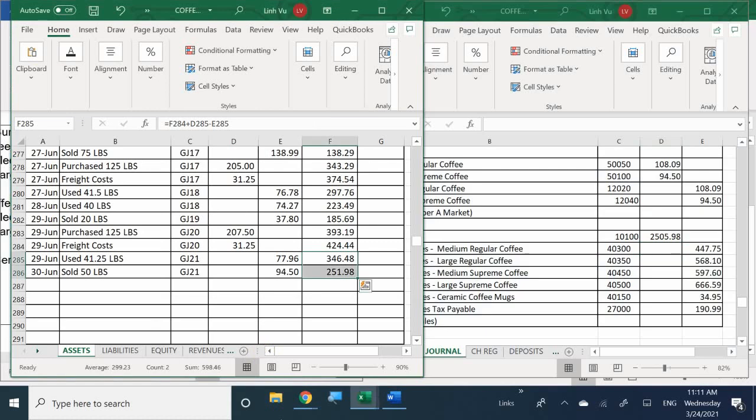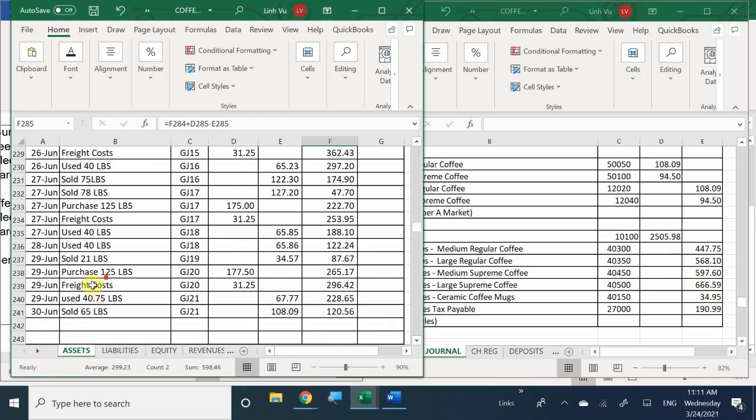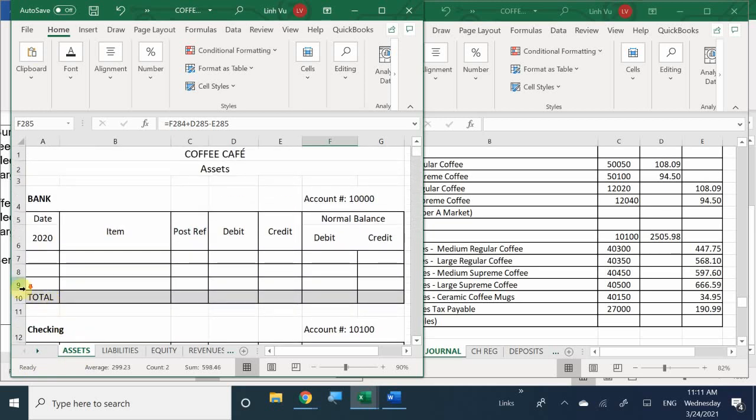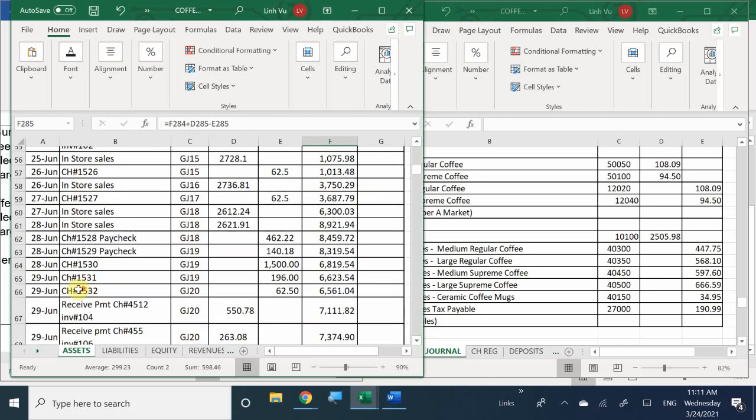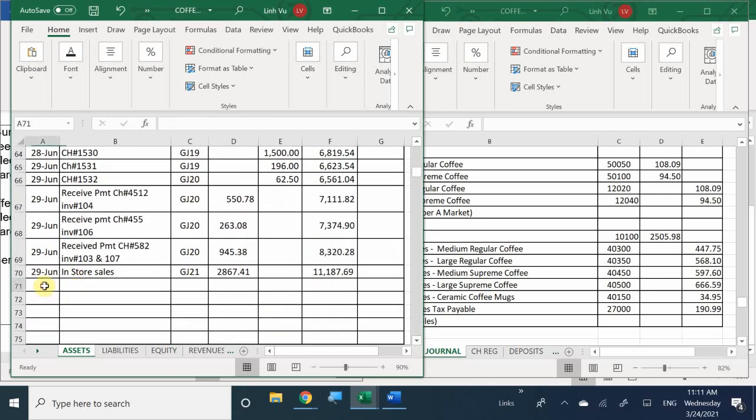Okay, so first things first is our checking account. Wow, we have so many transactions. So here we are on the 30th. This was an in-store sale.